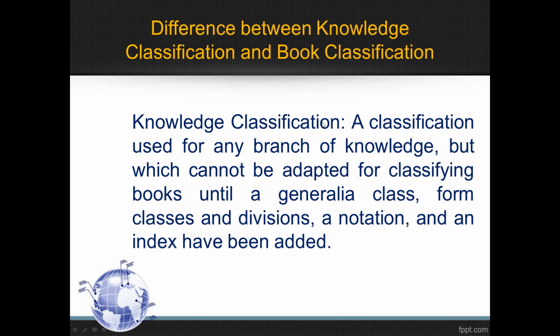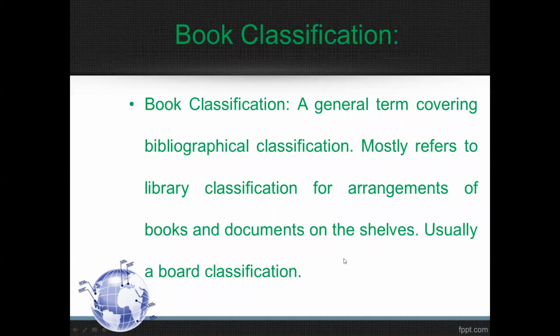But in book classification, we are classifying the books according to the library classification scheme, and it is a general term covering bibliographic classification. Mostly it refers to library classification, which is related to the arrangement of the books and documents on the shelves, and usually it is a broad classification.